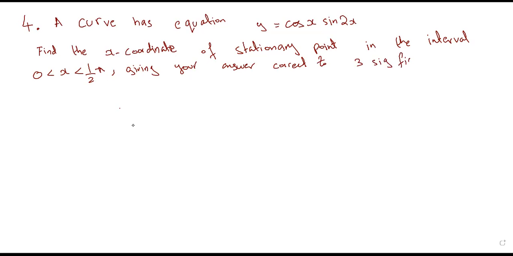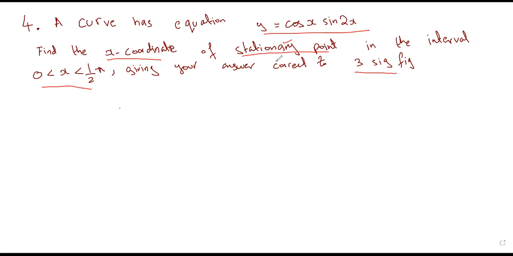Now you are right, the first part was correct. A curve has equation y equals cos x sin 2x. Find the x coordinate of the stationary point in the interval, giving your answer correct to three significant figures. So you have to find the x coordinate of the stationary point.